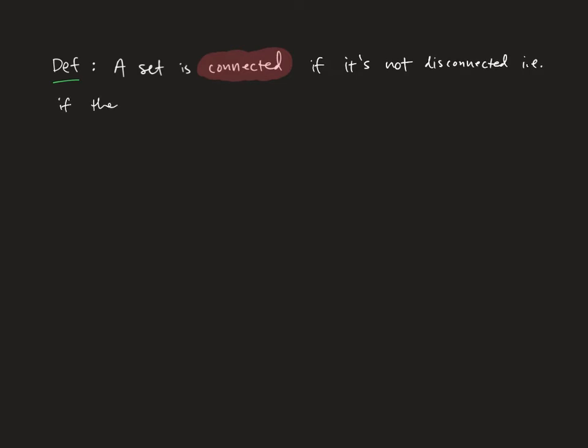And now we have the main definition, which is that a set is connected if it's not disconnected, i.e., if there is no separation of S, if there is no separation of the set.